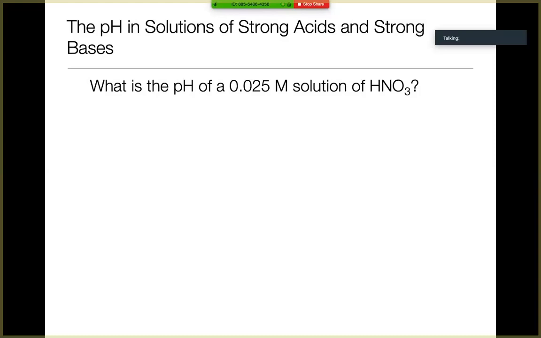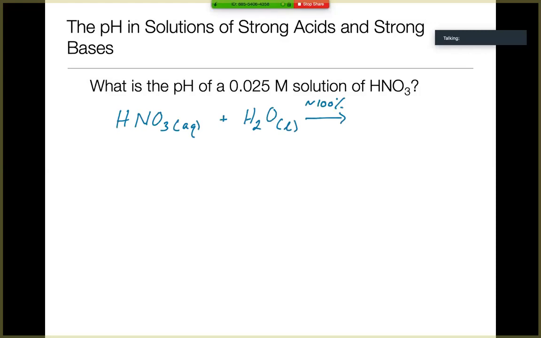So if I was going to write out the chemical reaction for nitric acid reacting with water, we have our nitric acid. It's reacting with water. Because this is a strong acid, I'll use a unidirectional arrow, and that's why it's kind of weird to use an ice table for this, but you'll see what I mean in a minute.